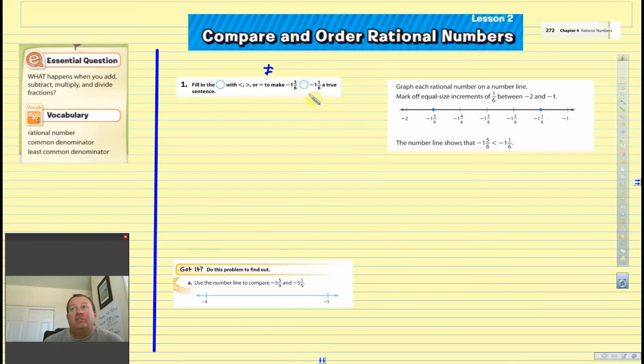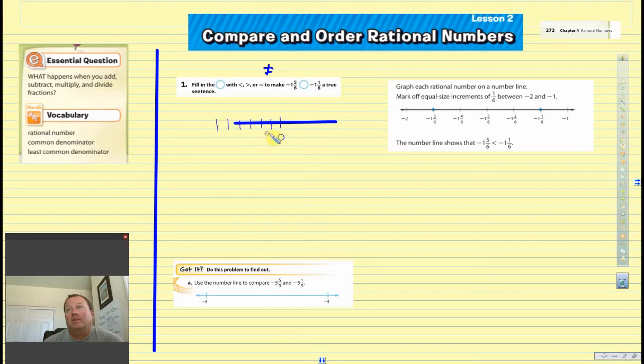Now this is tricky because what you have is you have negative numbers. So sometimes they appear to be larger, but they're really not. So let me give you an example. Let's just think of this as regular numbers. Let's just talk about, say, 0. And then as I go out, let's say that's -1, -2, -3, -4, -5, -6.